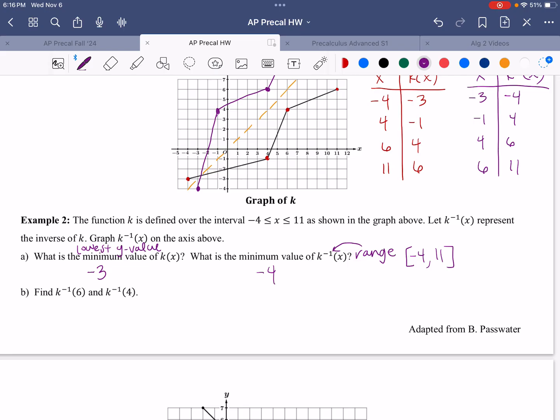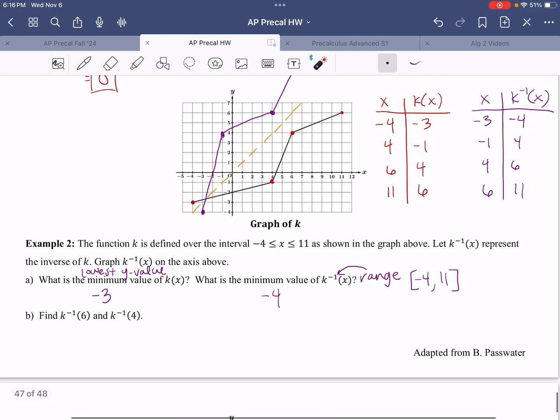Okay, then it asks us to focus on the inverse and evaluate the inverse at 6 and the inverse at 4. And those are actual values that we put in our table already. If you did not graph the new function, remember these are y values on the original function. So you could go to the y of 6 and look at the original function and see, okay, well, the original function, that corresponds with 11.